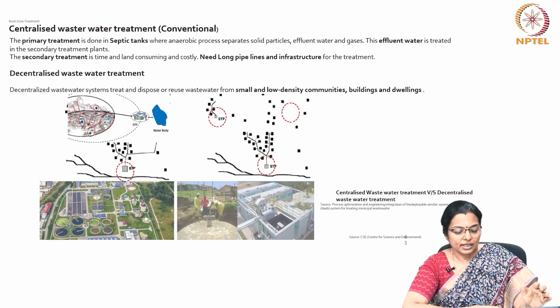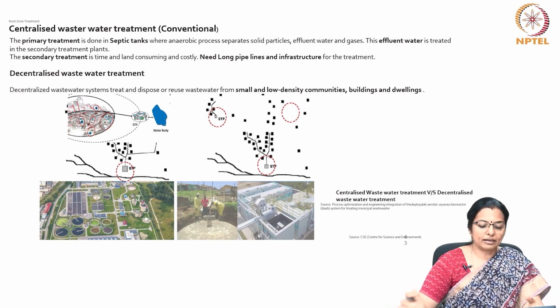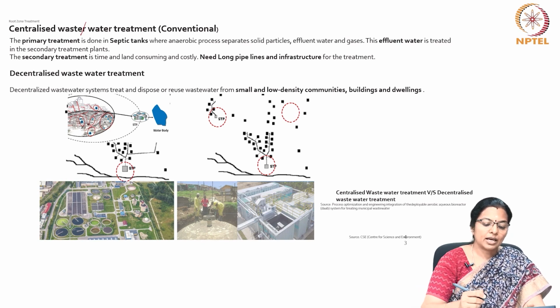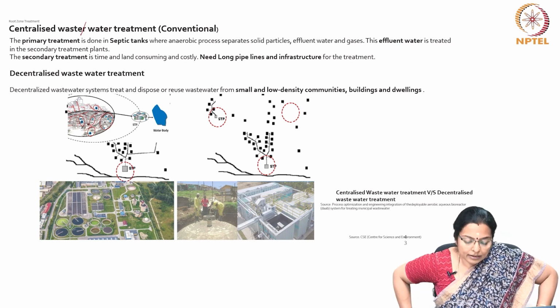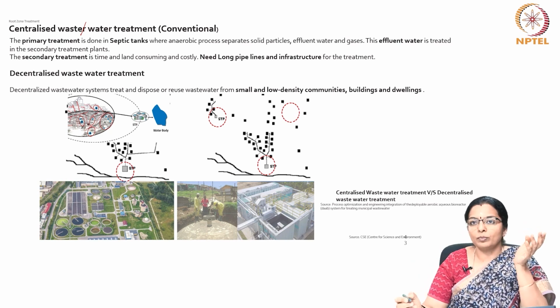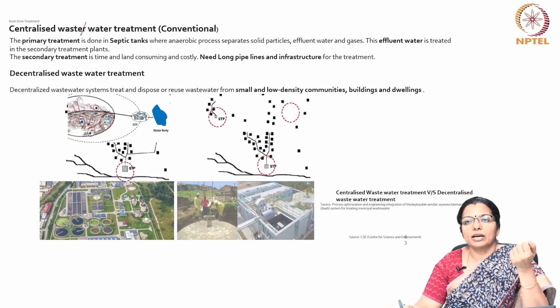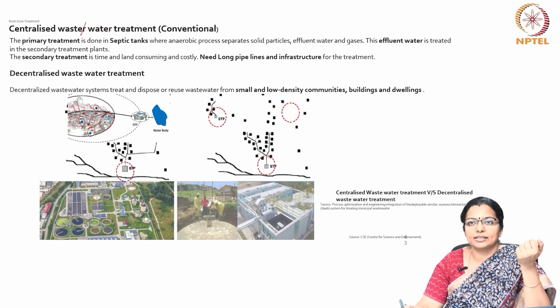Now let's look at the conventional centralized wastewater treatment. The primary treatment is normally done in septic tanks where an anaerobic process separates solid particles, effluent water and gases. This effluent water is treated in the secondary treatment plants.